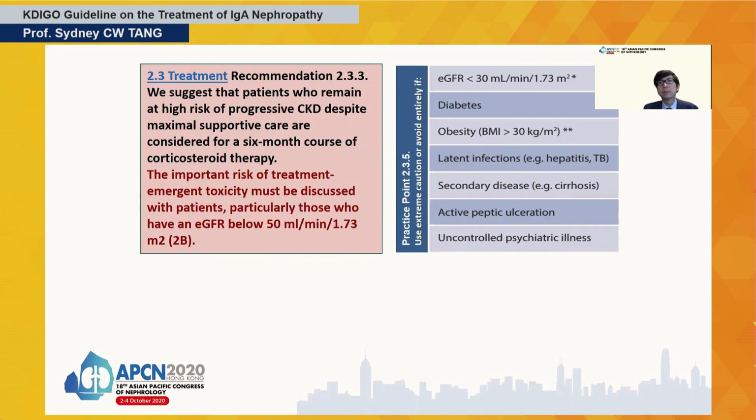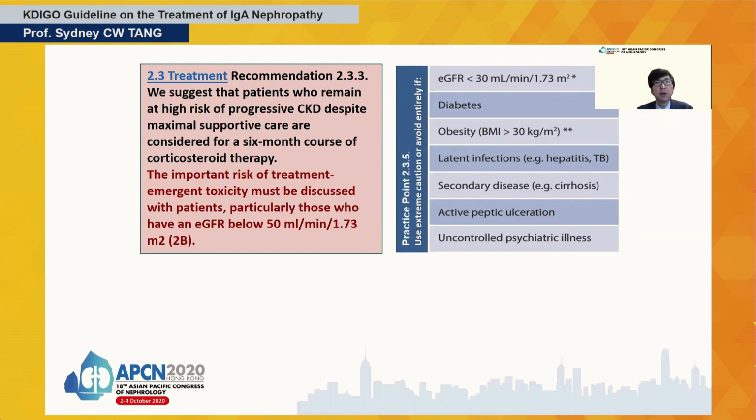This is a weak recommendation due to the significant risk of toxicity with corticosteroid therapy. And consideration of steroid therapy, therefore, must include a discussion with the patient with regard to the potential risk.